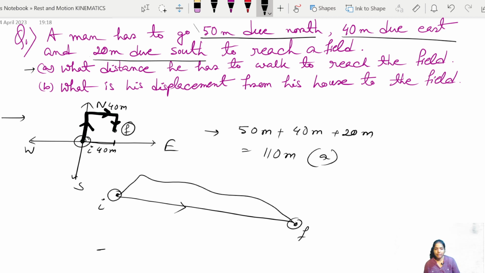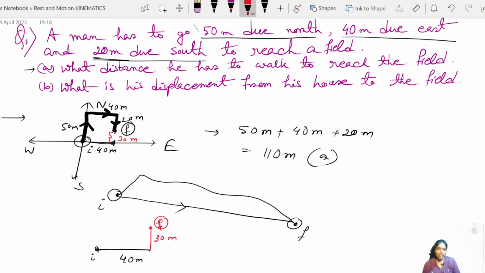And if it is going down, that means 20 meter in the south direction, and initially it was 50 meter to the north. So this distance will be 50 minus 20, that means it is 30 meter. So up to this final position it is 30 meter.